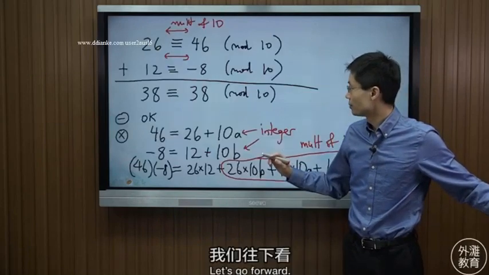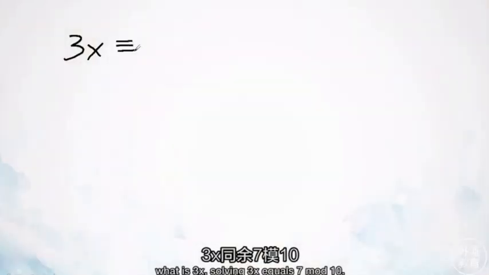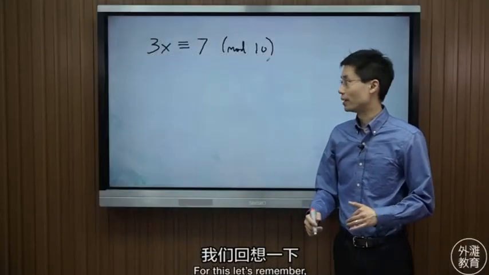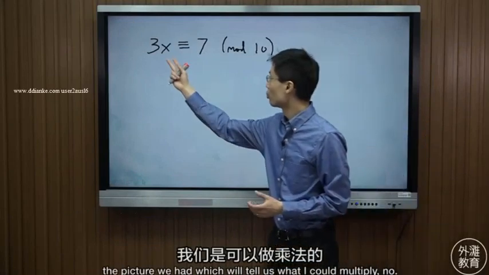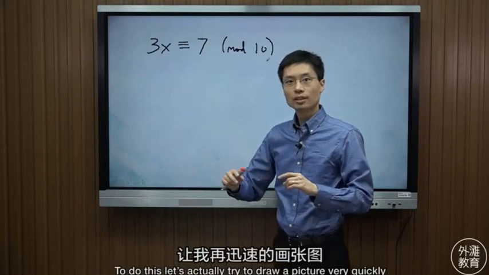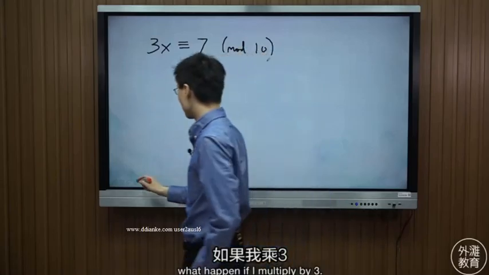Let's go forward, and suppose I'm trying to solve 3x equals 7 mod 10. To do this, let's try to draw a picture very quickly of what happens when I multiply by 3.